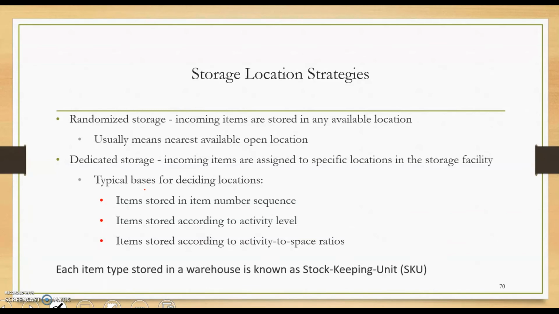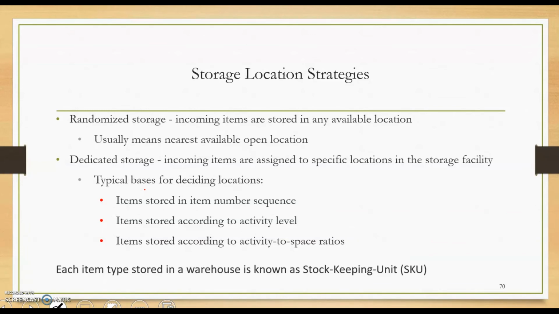It adopts a first in, first out policy, meaning that the first item that comes in will be the first one that will be taken out or used. So for this strategy, it will use less space compared to the dedicated storage.